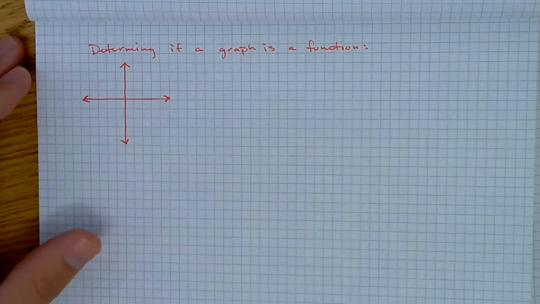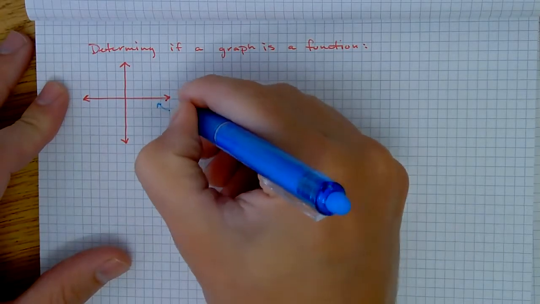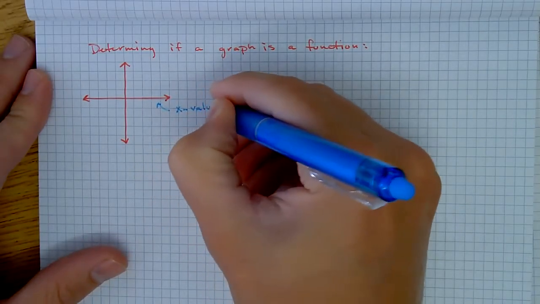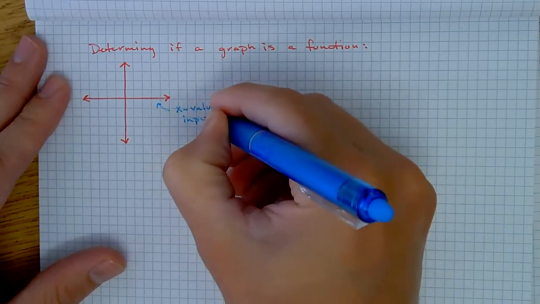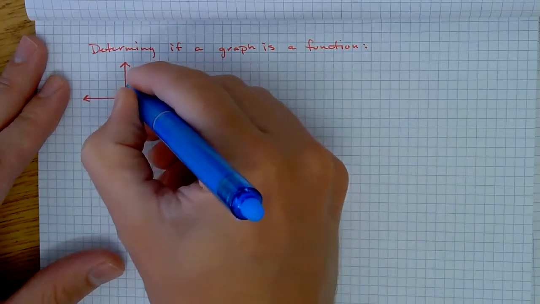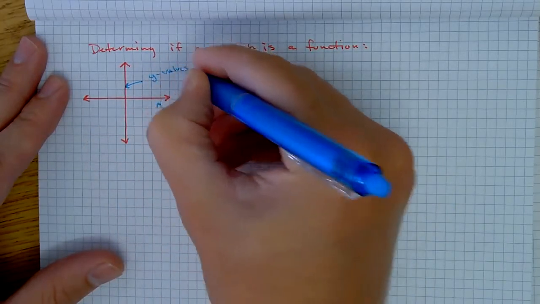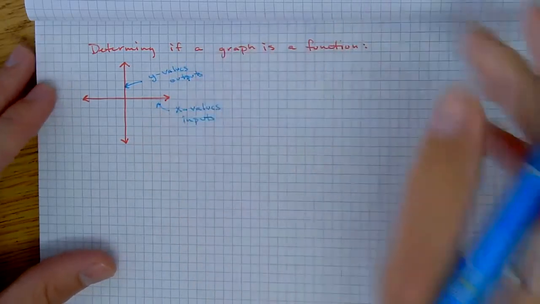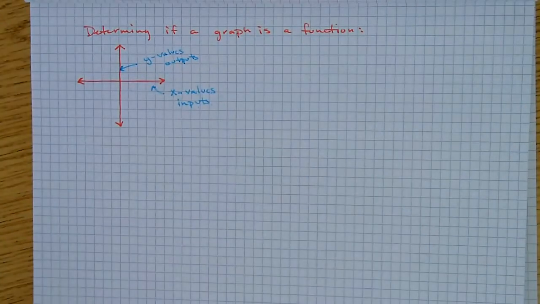So remember, on a graph, this is your x-axis. That is where x values go, which are inputs. This is our y-axis where y values go. Our outputs. So it's going to be helpful to just keep that in mind.